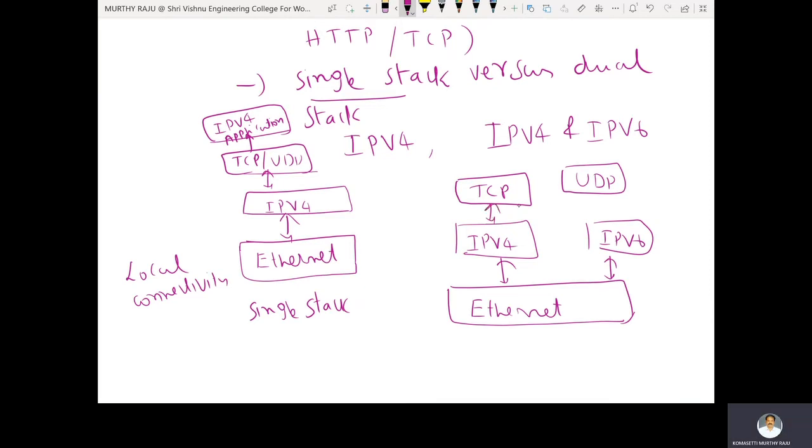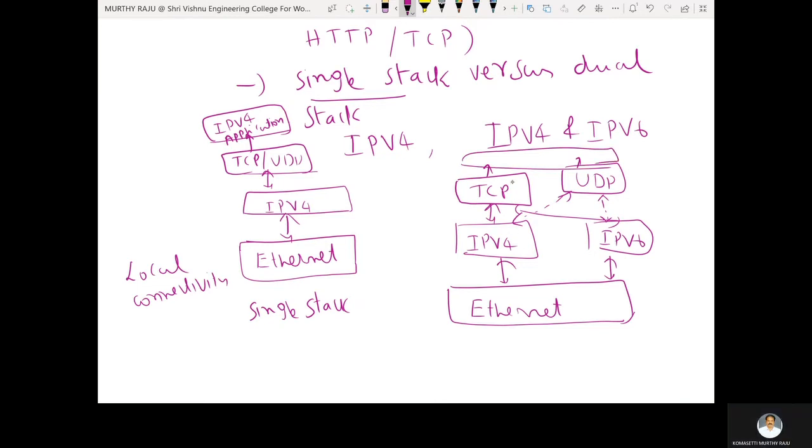TCP connected to IPv4, TCP connected to IPv6, UDP connected to IPv4, UDP connected to IPv6, and these are applied to the application layer.